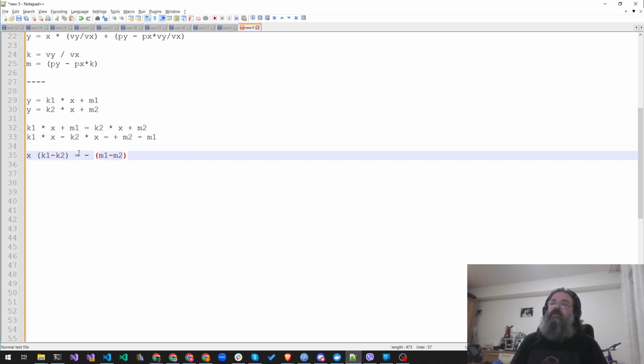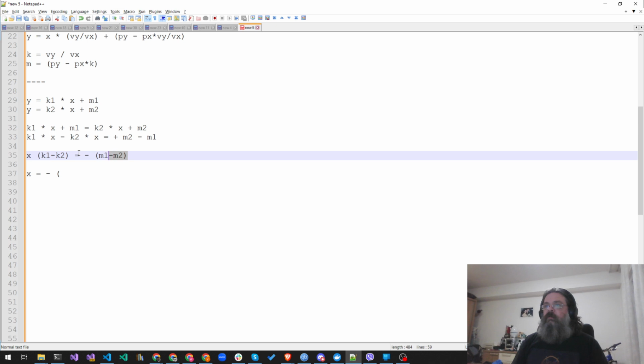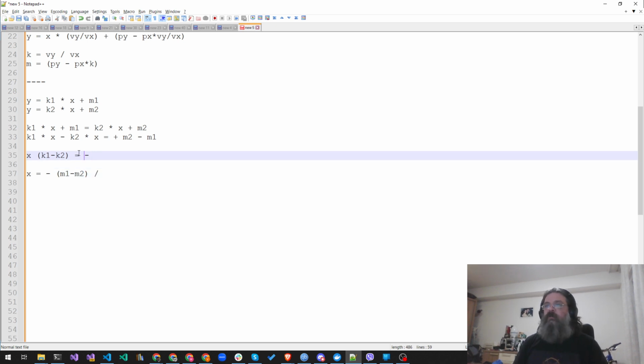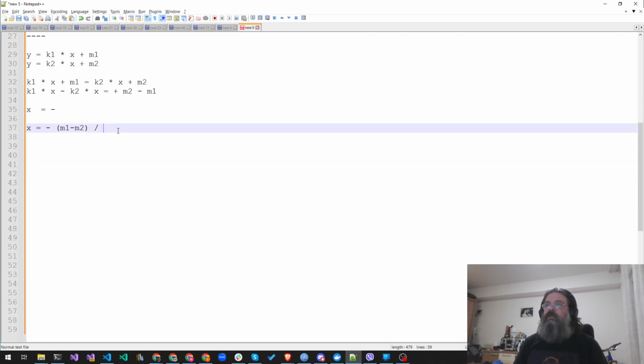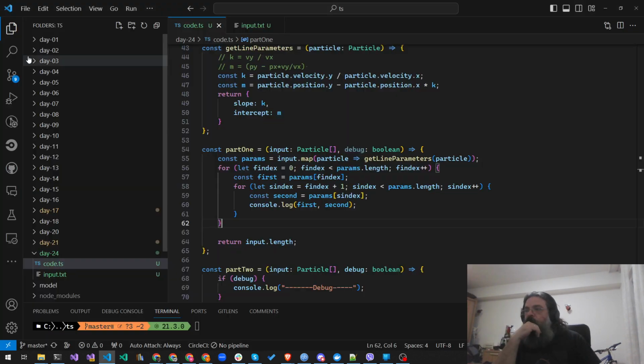So now if we divide by that thing, we have that x is equal to negative this divided with this. And then basically we can use either of these to calculate the y. So let's see.